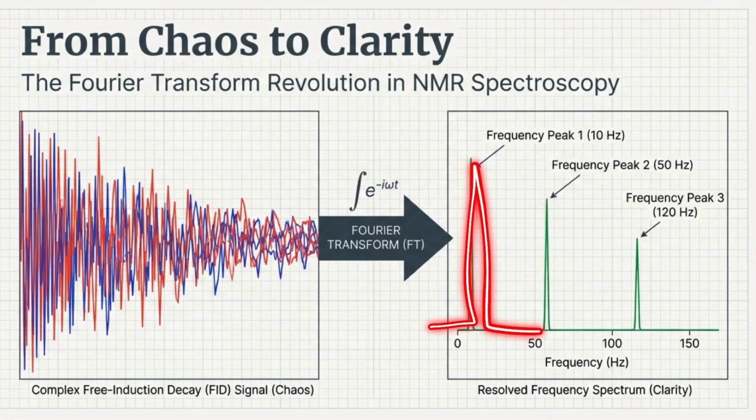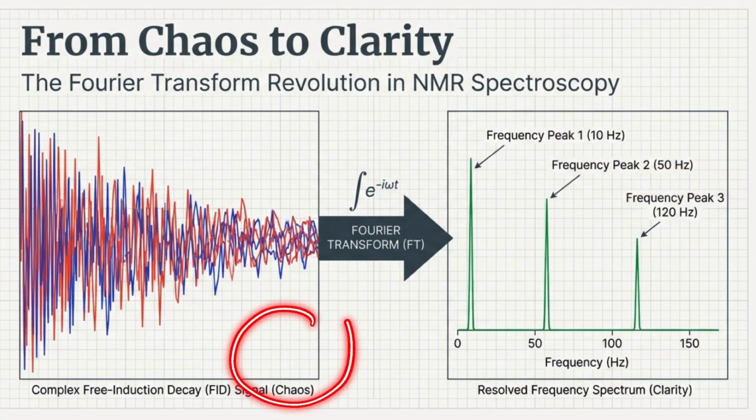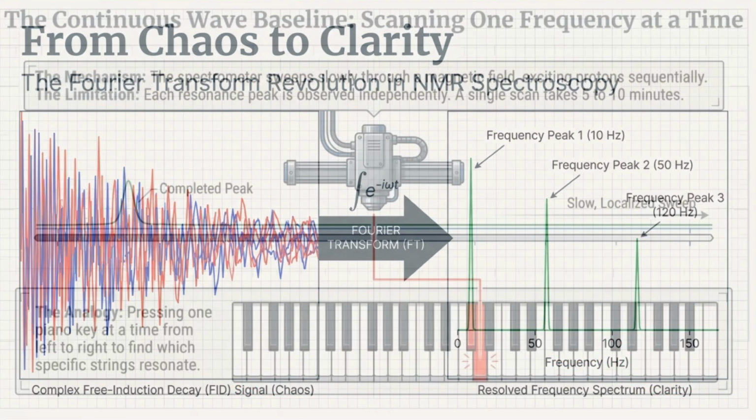There are particular frequency peaks, like one peak at 10 hertz, a second peak at 50 hertz, and a third at 120 hertz. So we get from chaos into a clearer form of spectrum, and this is the basic operational principle.